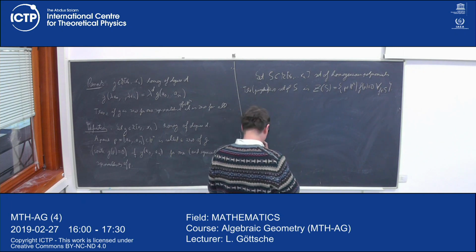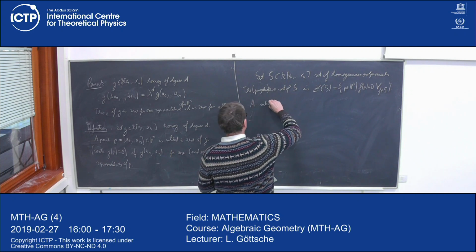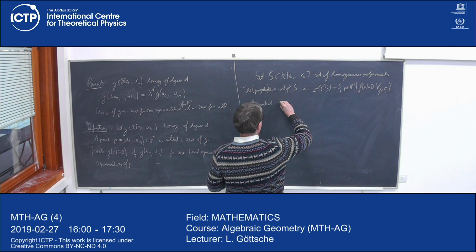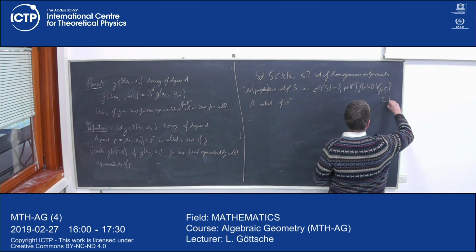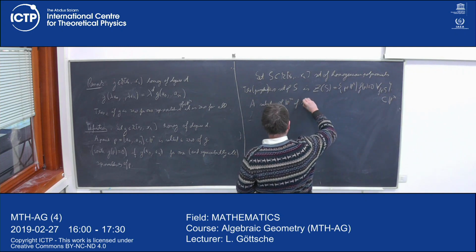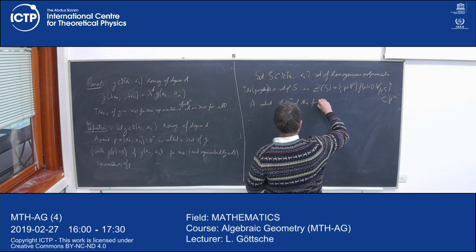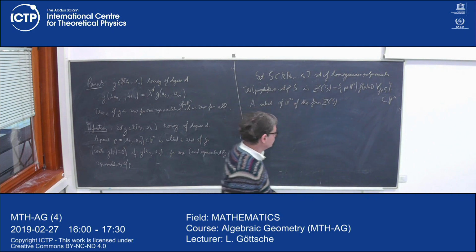So a subset of P^n, of the form V(S), is called a projective algebraic set.